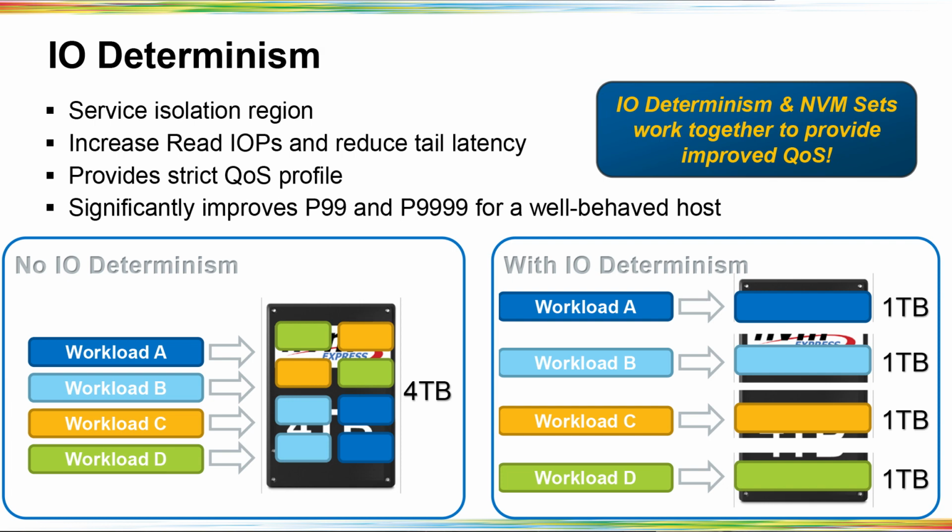And we need to make sure that that isn't the case. So what we do is we split up the drive into multiple sets. We provide a mechanism for the operating system to do this in a way where those read and write operations don't interact with each other. And it provides the ability for the OS to know exactly how long that is going to take during a particular deterministic window.